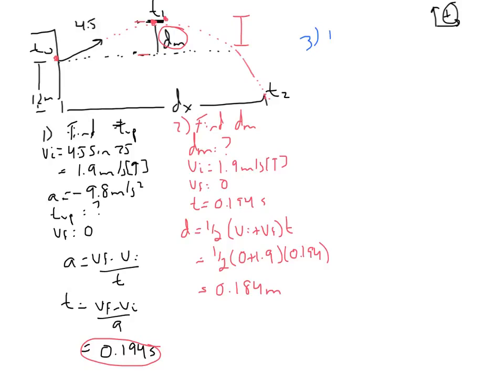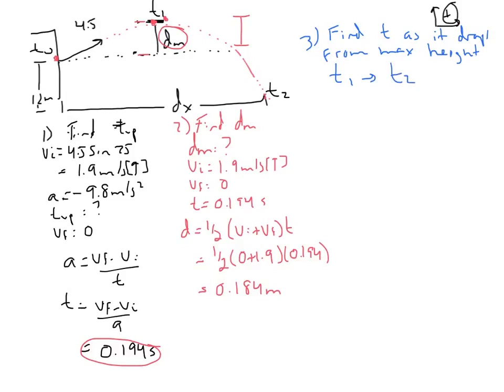So now 3 is going to be find time as it drops from max height. In other words, find t, t1 to t2.